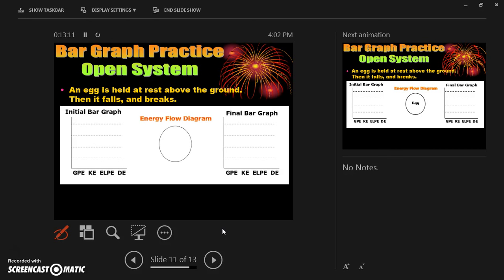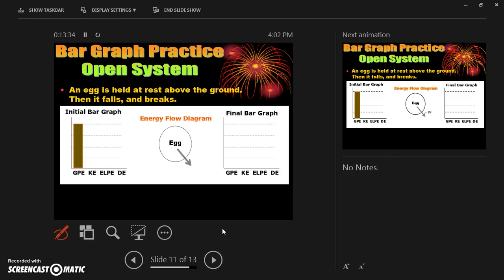Okay, example number 4. An egg is held at rest above the ground, then it falls and breaks. So initially, we have all GPE, all the energy stored due to its height. Once it falls and breaks, we're now doing open systems. Your final bar graph will have no energy left in the system. Why? Because energy has been transferred out.